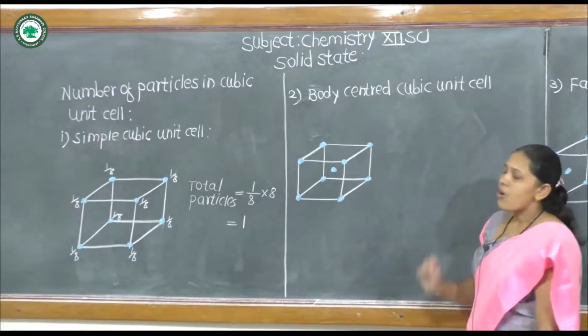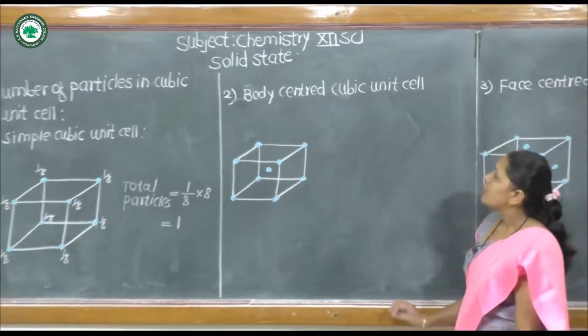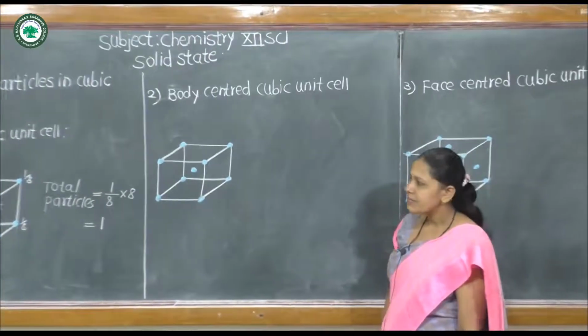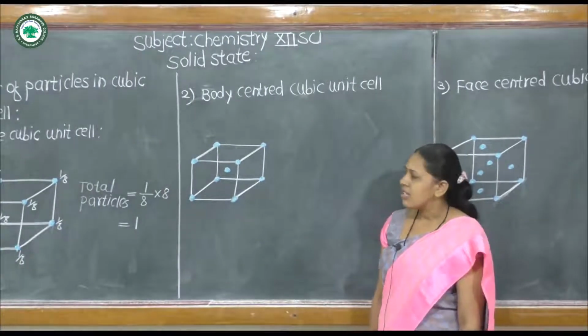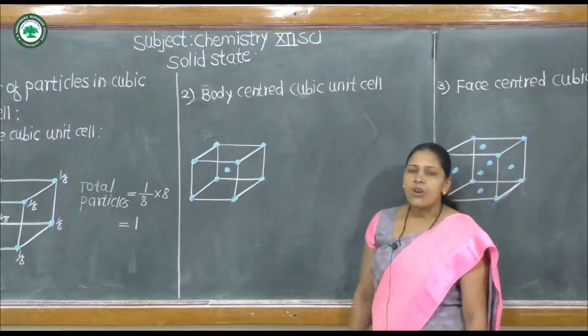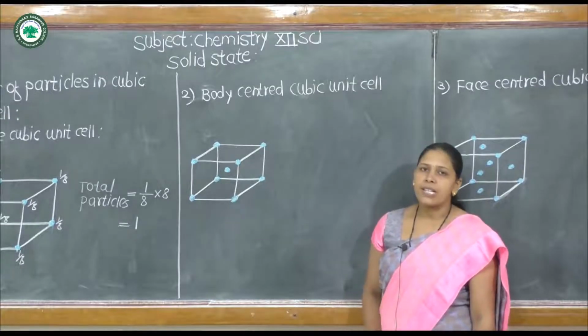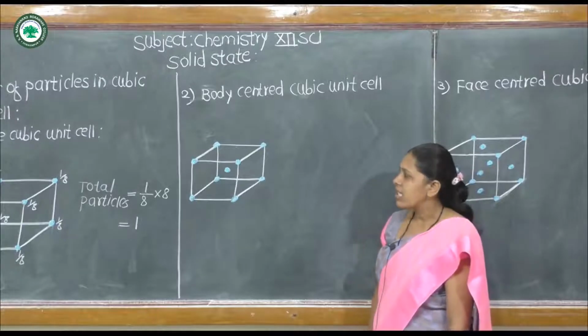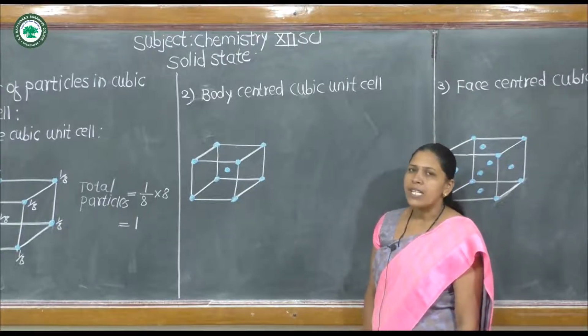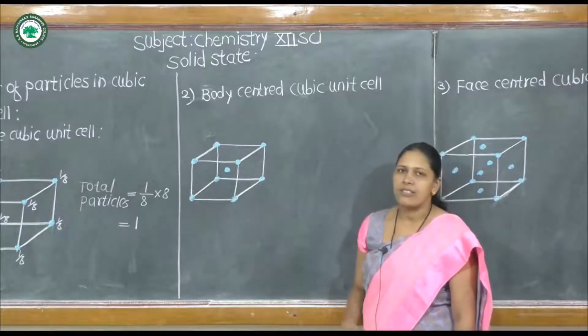Then, in the body centered cubic unit cell, there are also 8 corners. Here also at the 8 corners 1/8th particle is present. In addition to this, it has 1 particle at its center.